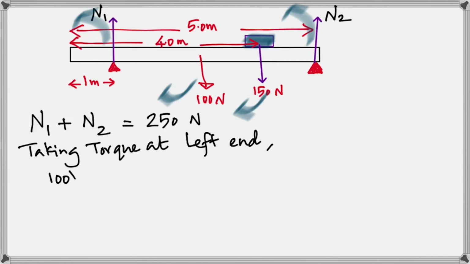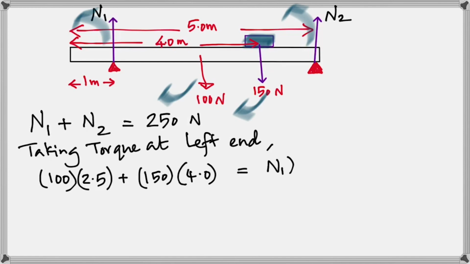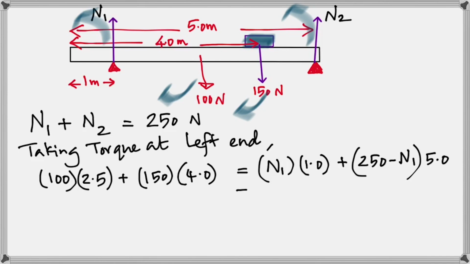So 100 Newton times this distance, which is 2.5, plus 150 times 4, because it's given as 4 meters, should be equal to N1 times 1, because the distance is 1, plus N2 times 5. But instead of N2, I just put 250 minus N1. Is that right? Yes, it is.